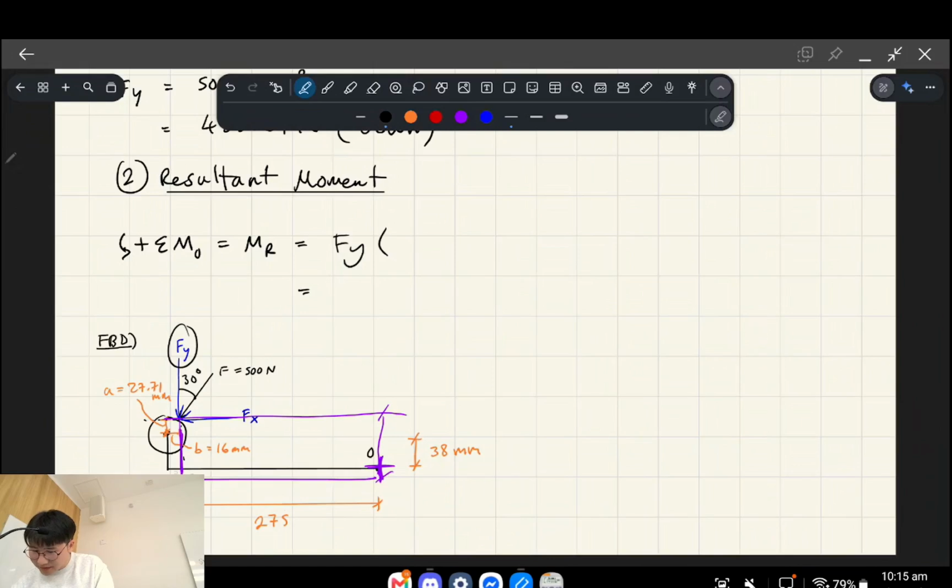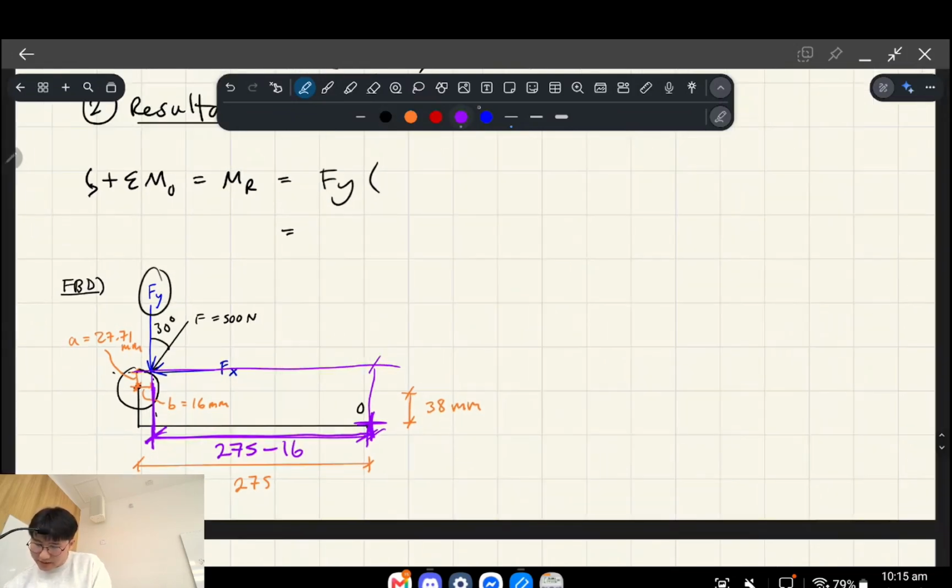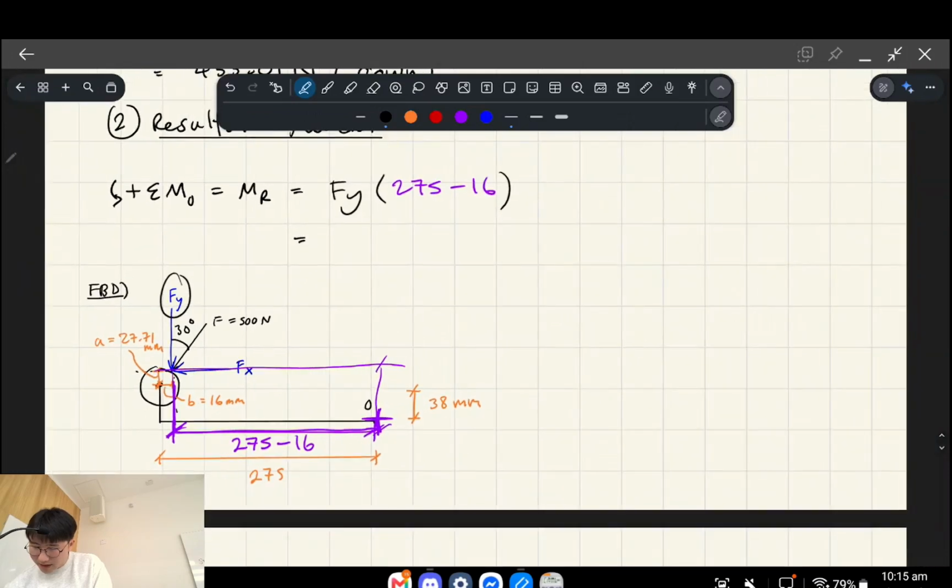Its lever arm is going to be this purple distance here. So we know that the larger distance is 275, and we're going to subtract off B, which was 16, okay? So that is going to be 275 minus 16. All right, and the reason it's positive is because it's generating a counterclockwise spin about O, right?